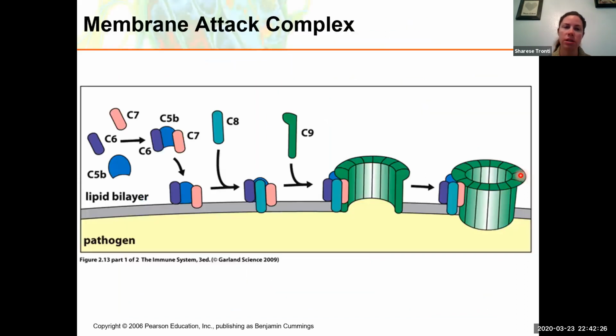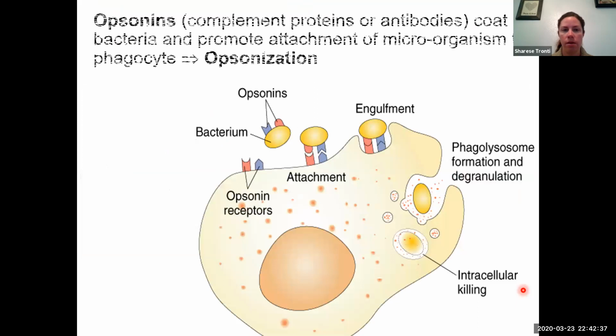So here's just another picture of the membrane attack complex, again forming that channel in the membrane of the microbe. And here's opsonization. So again, remember, here's our microbe, this yellow thing. That's our microbe, or in this case, a bacteria.